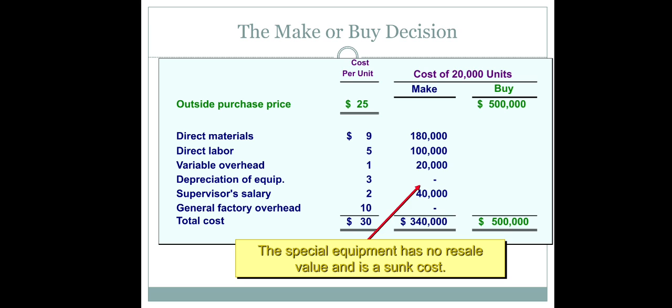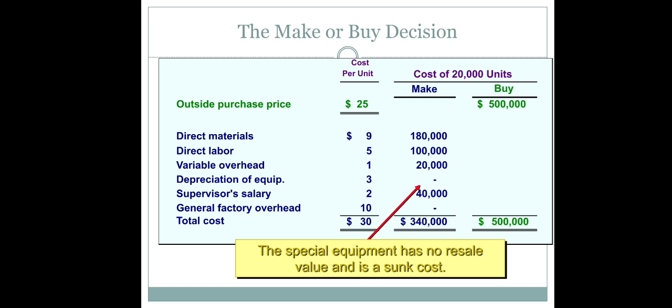General factory overhead is an irrelevant cost, not relevant, because it exists in both alternatives. Now you calculate the total cost of making 20,000 units of part 4A. The total cost of making that part is $340,000.